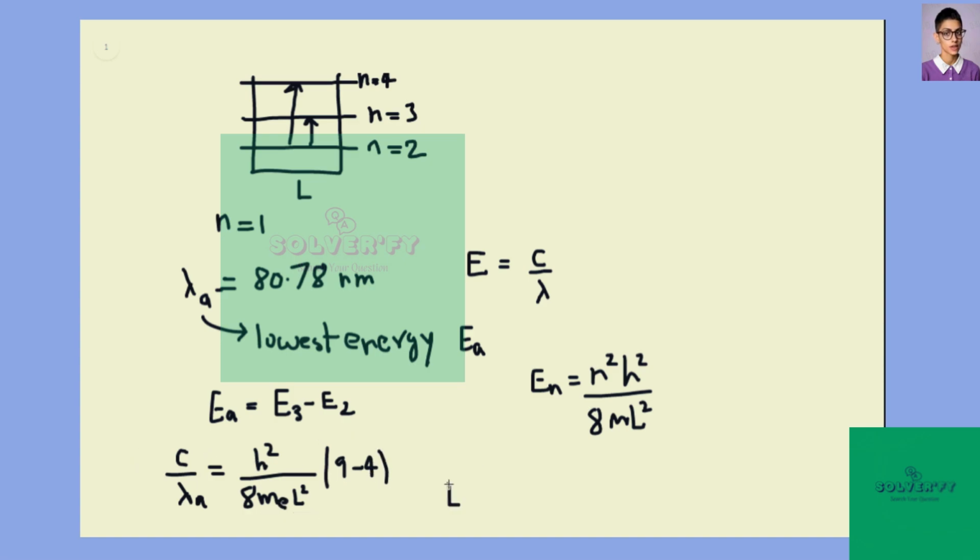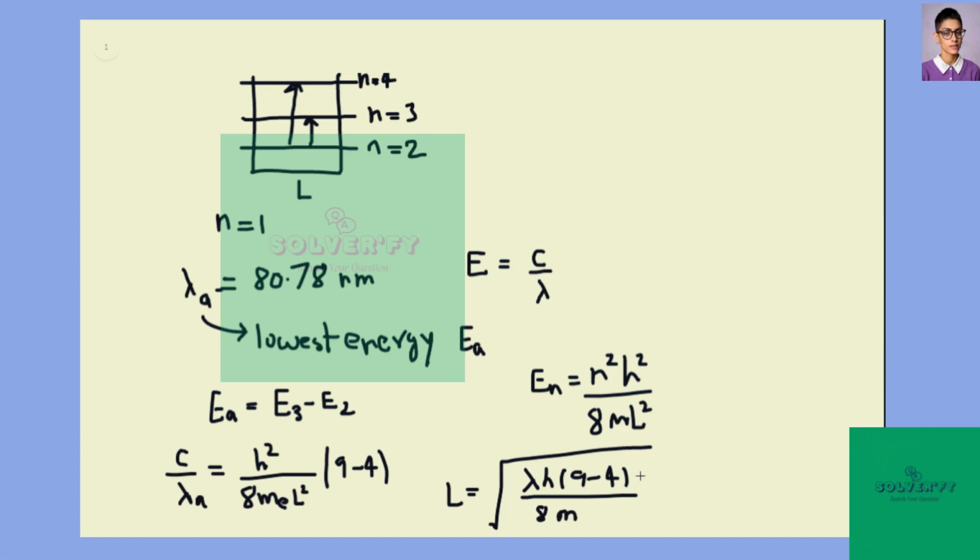So in that case, we can write L as equal to the square root of lambda A h times (9 minus 4) over 8 m.